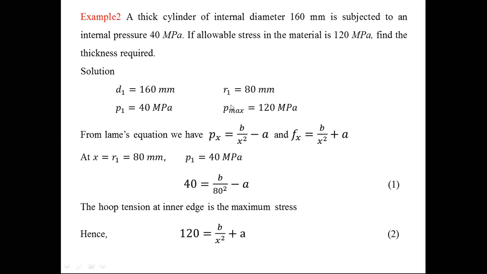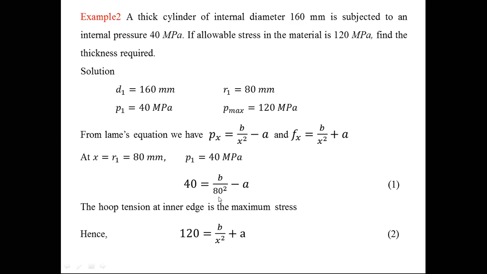So this is the maximum hoop stress given by the problem. In the previous problem the safe allowable stress was not given, therefore you used this equation only and found the constant. But in this problem the allowable stress in the material is given, therefore use these two equations to solve for the arbitrary constants A and B.